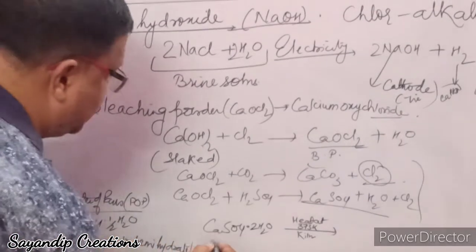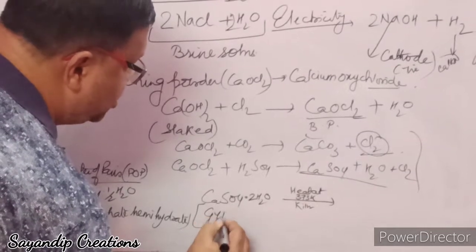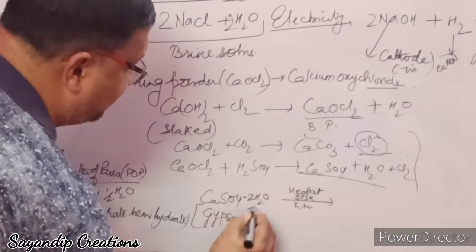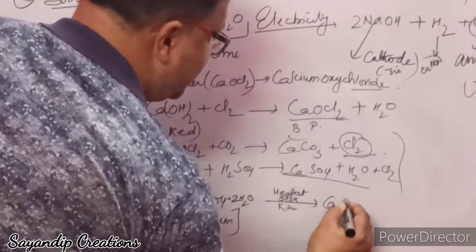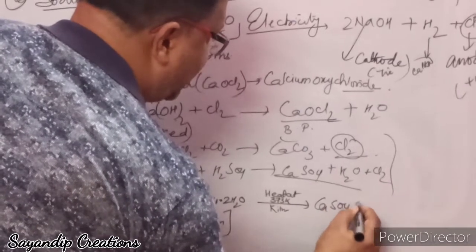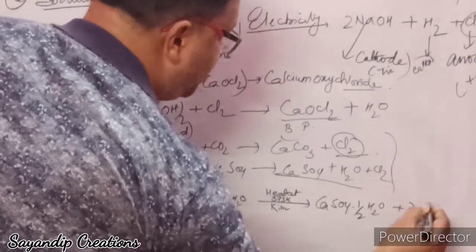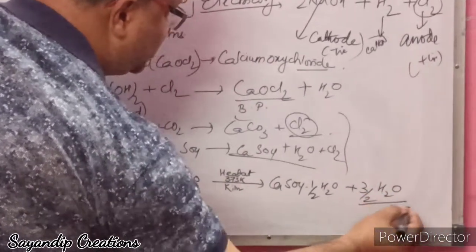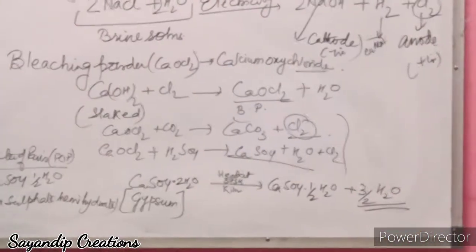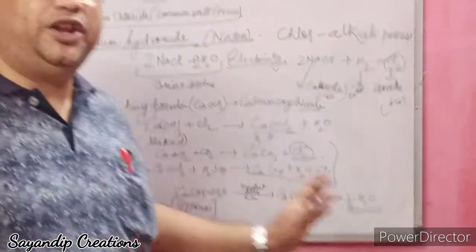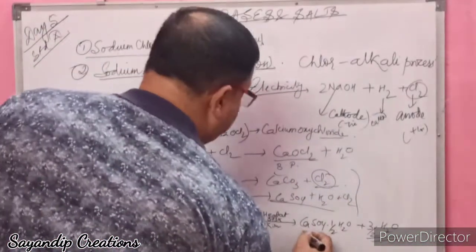So you get CaSO4 half H2O plus 3/2 H2O. So when you heat gypsum, this is plaster of Paris.